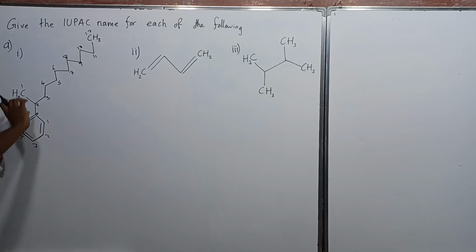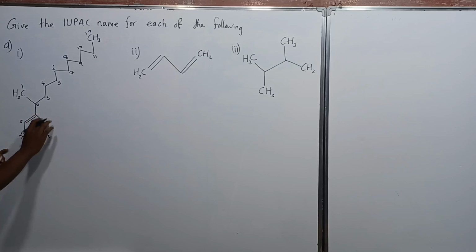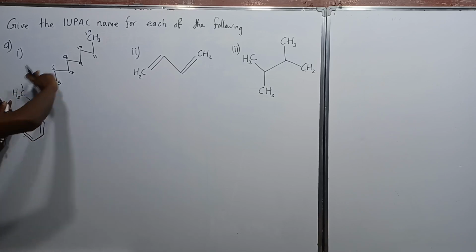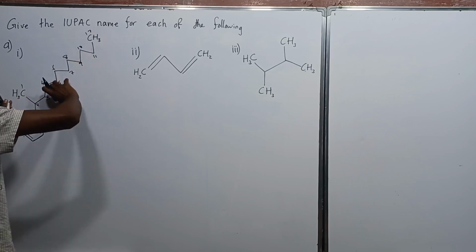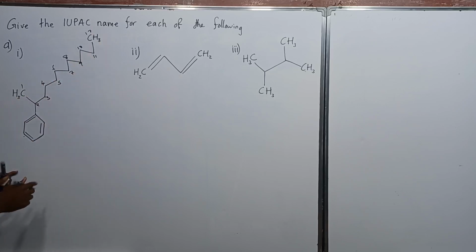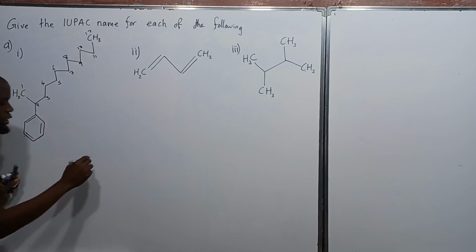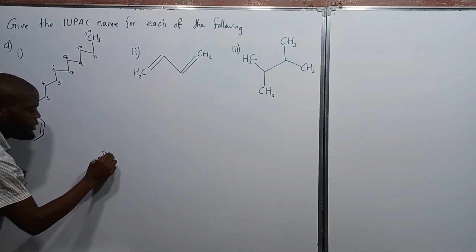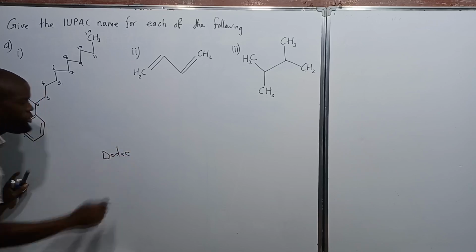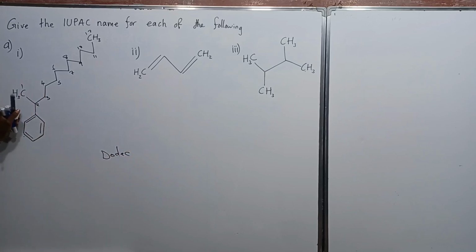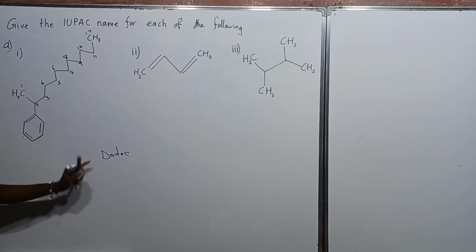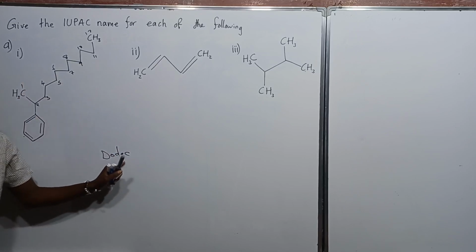Because the aliphatic chain contains the highest number of carbons, it becomes the parent chain. Since it has 12 carbons, the prefix to indicate the parent chain becomes dodec.